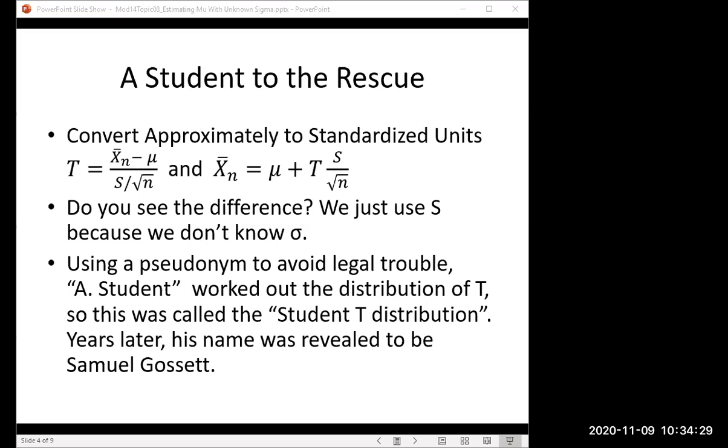And so this thing was called the student t-distribution. But years later, his name was revealed to be William Gosset. So I've been calling it Gosset's t-distribution. In a lot of books, you'll still see the name student t-distribution.